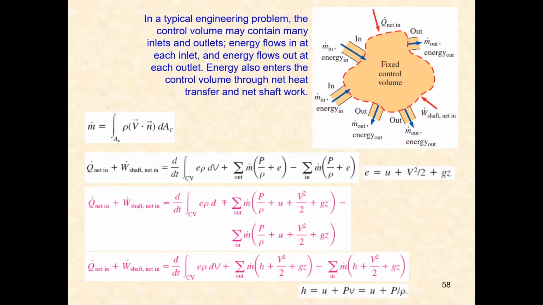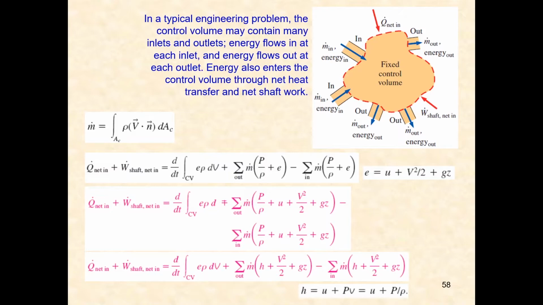In a typical engineering problem, there may be several inlets and outlets, and the total rate of energy in both directions, coming in and going out, will be calculated. Energy may also transfer as heat and shaft work.